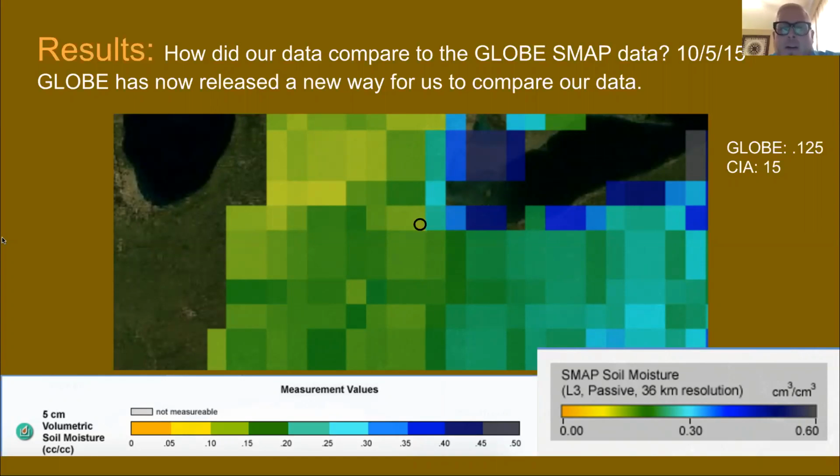But as you may know, we're actually working with a European satellite called Sentinel that flies behind the SMAP satellite in orbit, and it has a C-band radar on it. SMAP has an L-band radar, which is the one that's no longer working. The C-band radar operates under a different frequency, but we hope it would give us between 7 and 8 kilometer resolution, maybe even lower. So a little better.